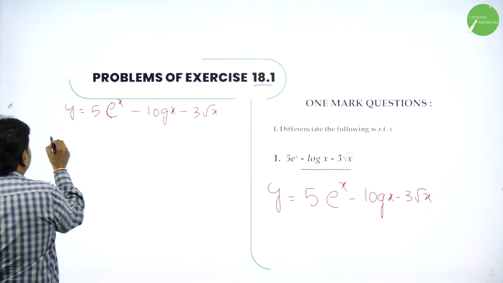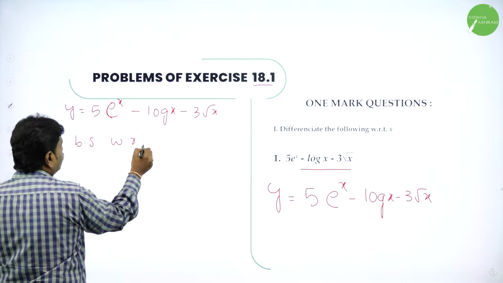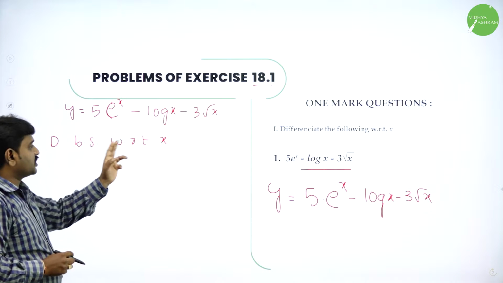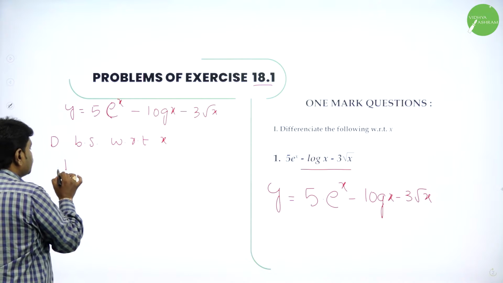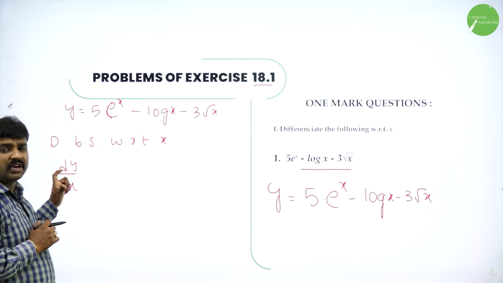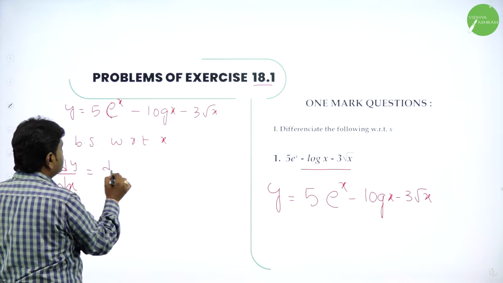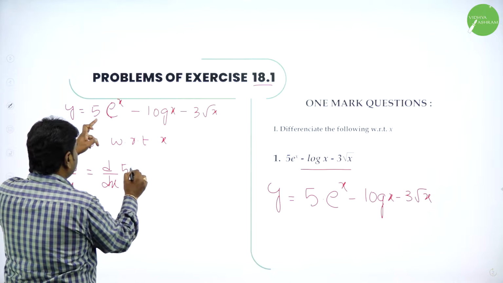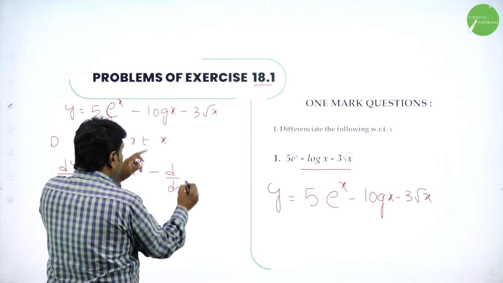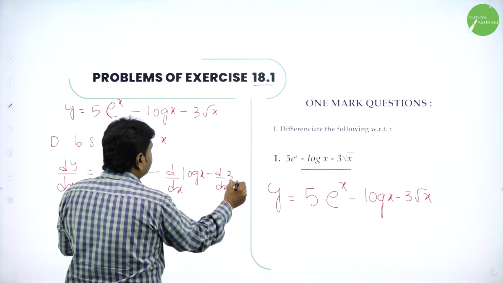So now differentiate both sides with respect to x. Write in full form. LHS becomes d by dx. In my very first class I taught you d by dx stands for differentiation with respect to x. LHS is equal to d by dx of RHS: d by dx of 5 e power x, in between we have minus, d by dx of log x, then minus d by dx of 3 root x.